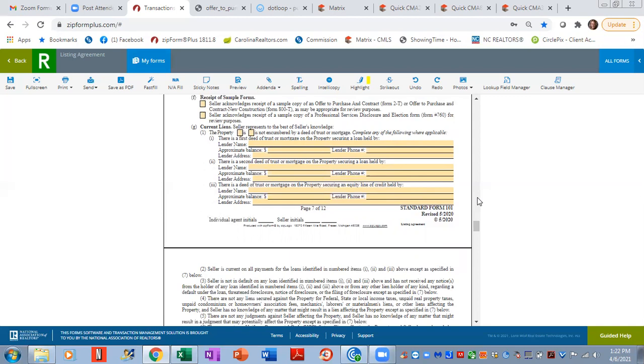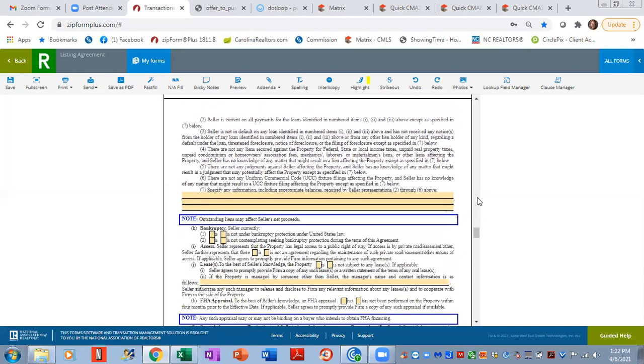But as far as me specifically getting all of their current lien information, I don't. And I leave most of that blank, because the lender will be contacted by the closing attorney to get the payoffs and all of that good stuff. Okay.